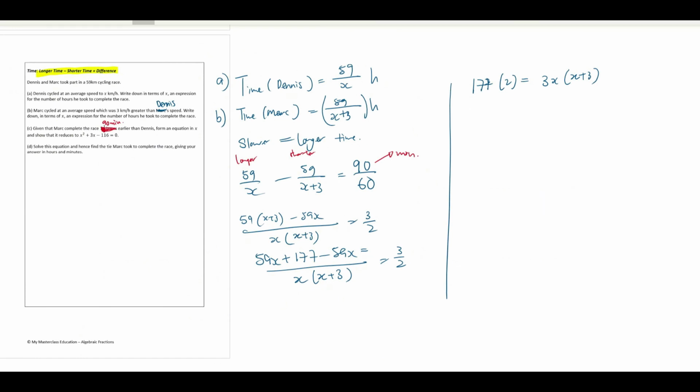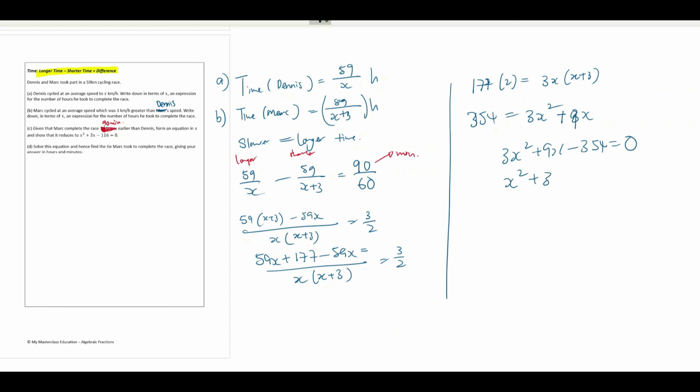Then I will have 354 equals 3x squared plus 9x, sorry. So 3x squared plus 9x minus 354 equals 0.